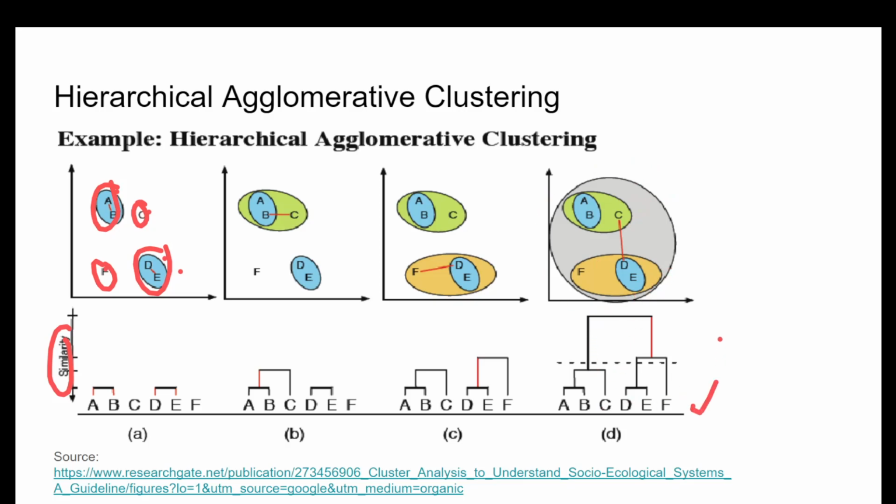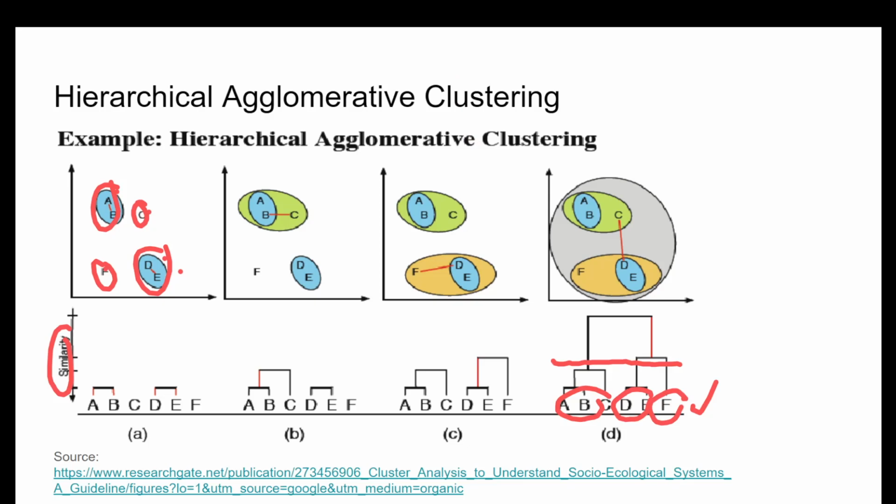So this is the result. If we want to get 3 clusters, then we should truncate the dendrogram over here. So the clusters that will be made are basically the ABC and the DE cluster, and the last one is F.